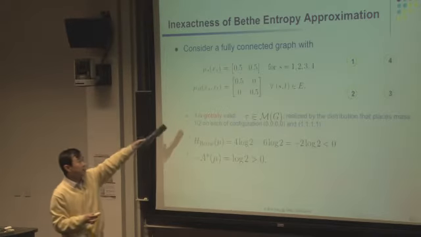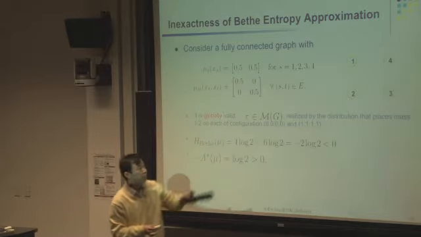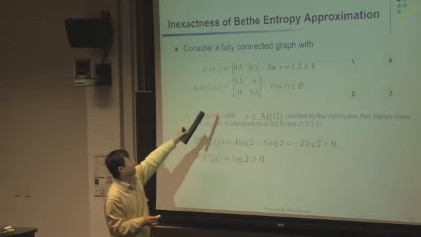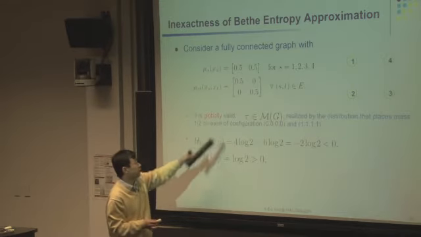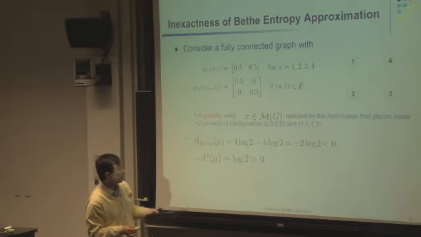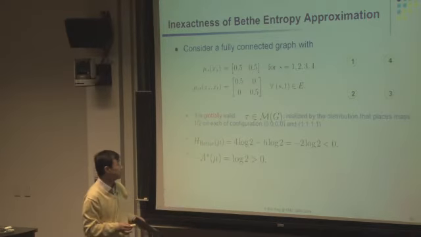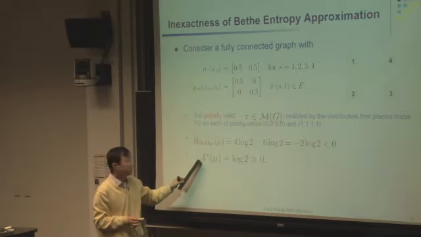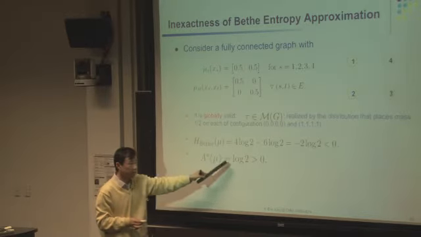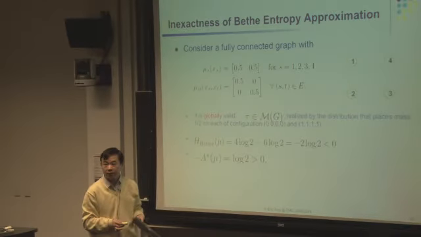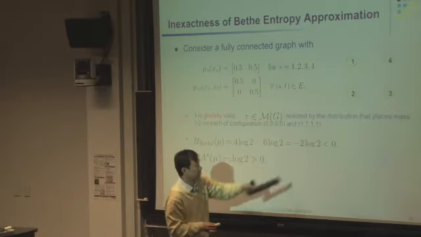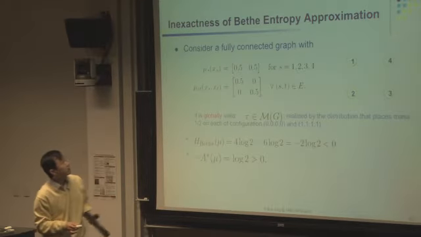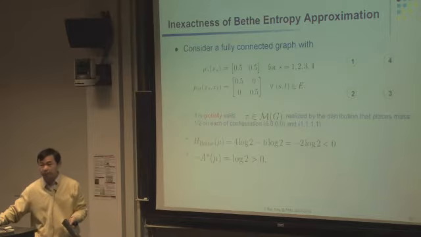And just for fun, you can throw in some examples for this 4-node graphic model, and you will be able to find that this pair of things is actually valid in your designed model, but you will see that the Bethe entropy and the true entropy produce very different numbers. This one, for example, gives you a negative entropy, and this one gives you something completely different. So that's why this solution is potentially inexact.